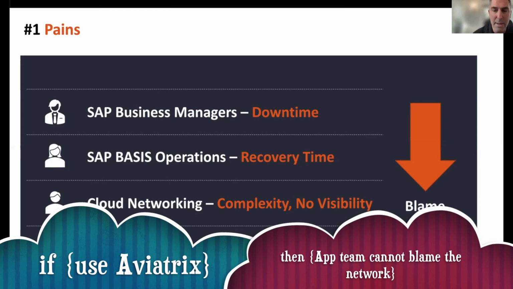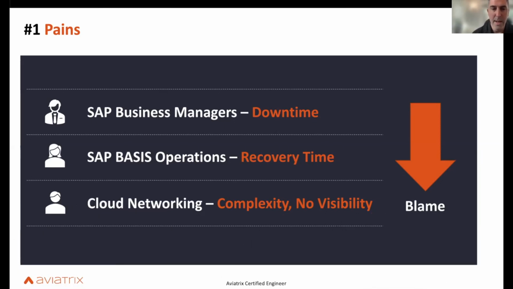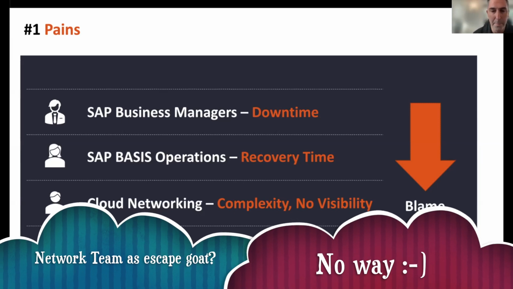They still do, but now the network folks have the evidentiary data, they have the visibility and control, they have the simplicity, so that as soon as the network is blamed, or even before, they have ways of having visibility and control into that network to show the application teams all of the things happening, so that the application team can't just use the network team as the scapegoat.